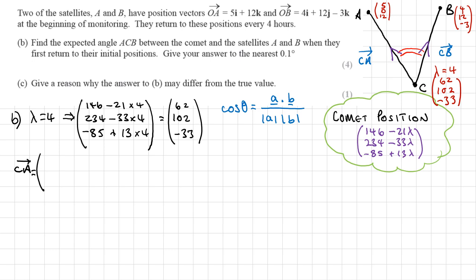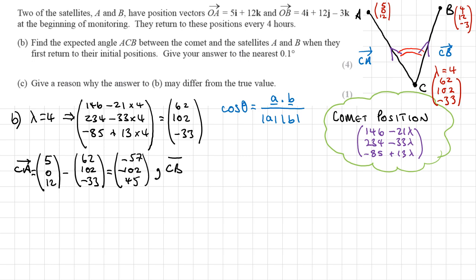So I would do 5, 0, 12 minus 62, 102, negative 33, and that gives me negative 57, negative 102 and 45, and then also the vector CB, and that will be 4, 12, negative 3.